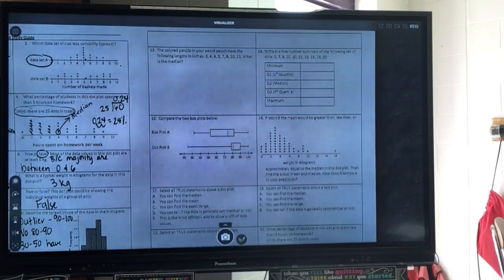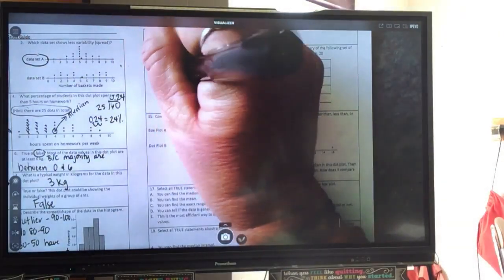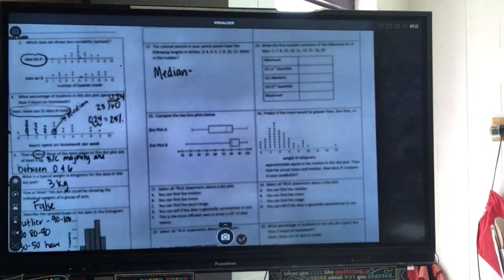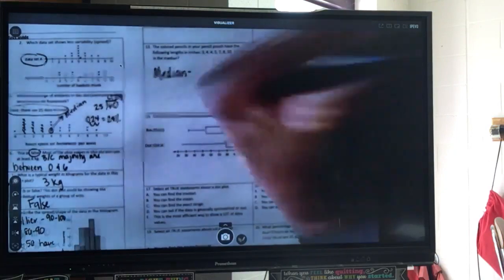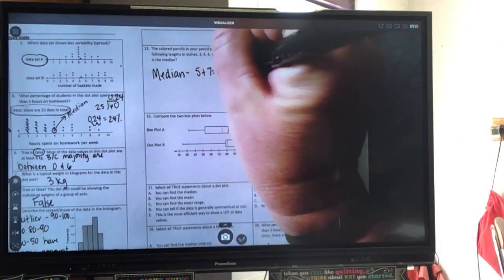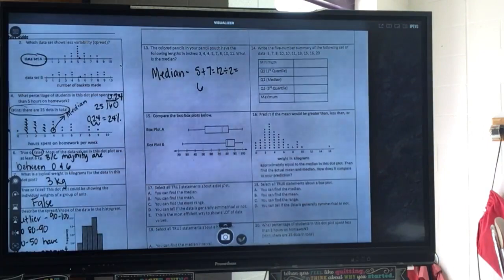Make sure they're in order, right? Okay, and then when you do that, what do you end up with? You can either add them together and divide by 2, or know that the number that falls between 5 and 7 is 6.